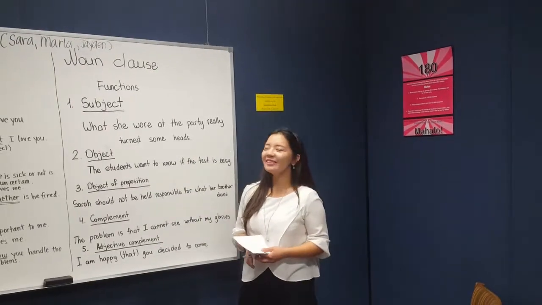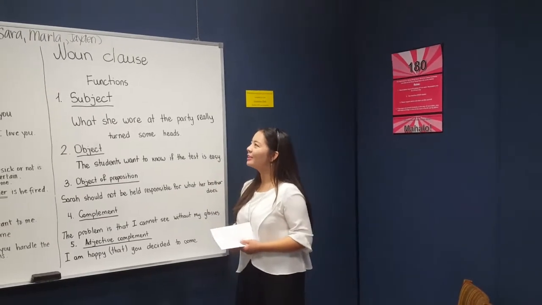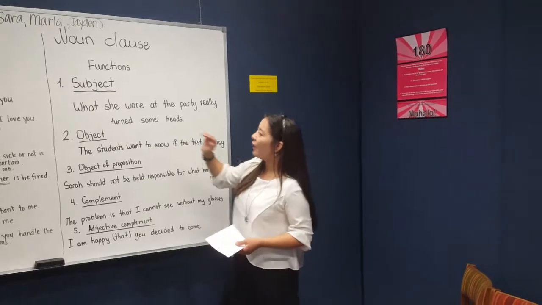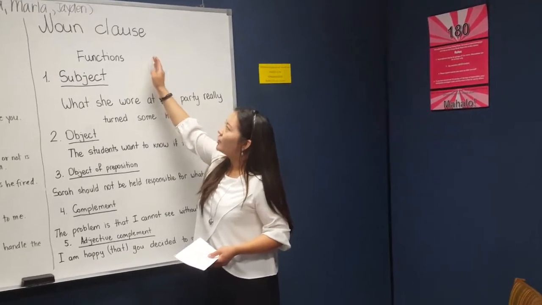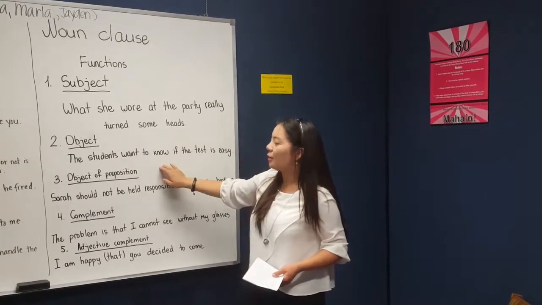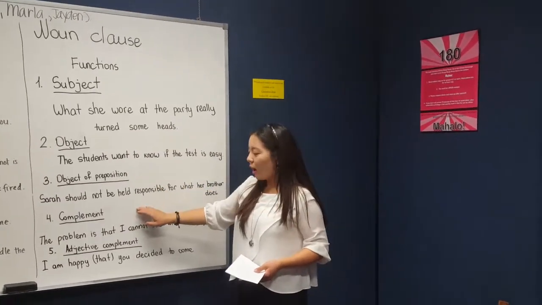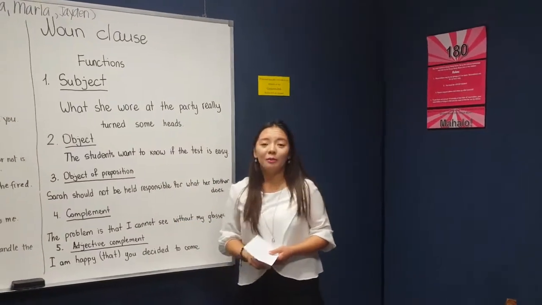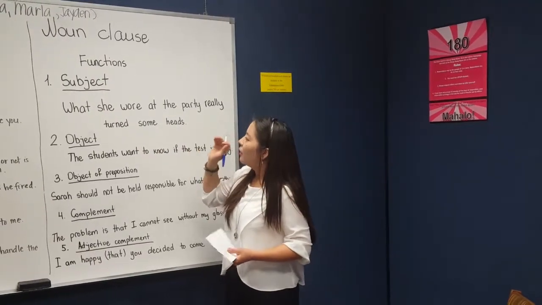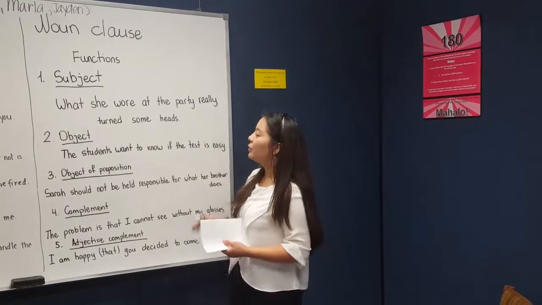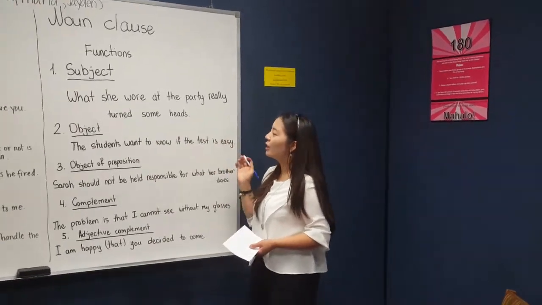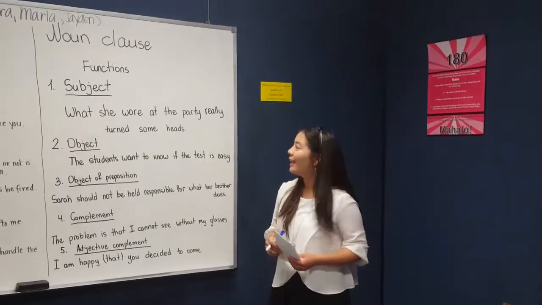Now we can look more into the functions of the noun clause. As we can see, a noun clause functions as a subject, object of a preposition, complement, and adjective complement. In a sentence, we chose: what she wore at the party really turned some heads.